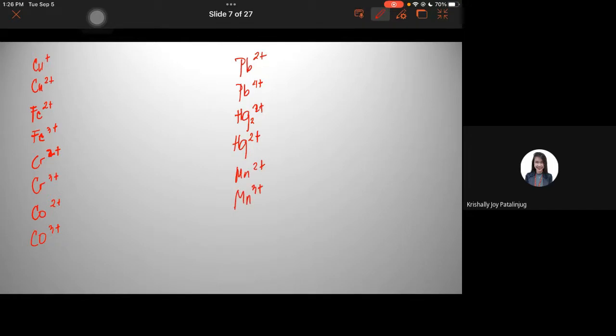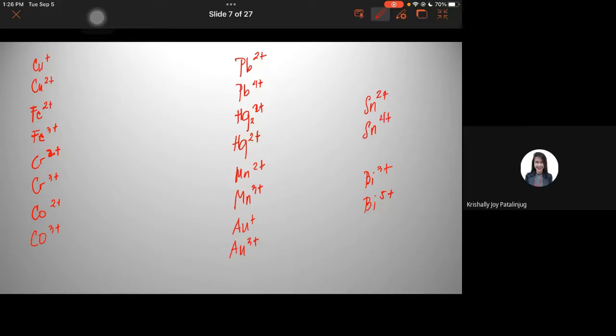And then we also have gold. I think it's not written, no? The gold 1, only gold 3 is written. Then kindly add bismuth as well. Bismuth 3 and bismuth 5. What else? Tin. Tin 2, tin 4.